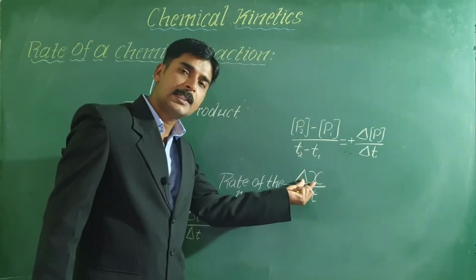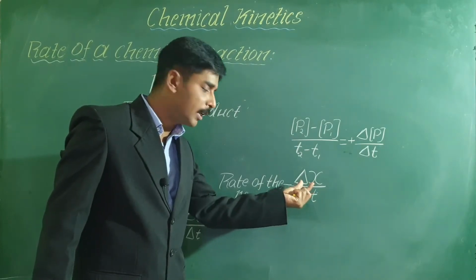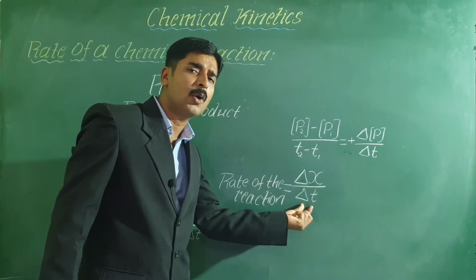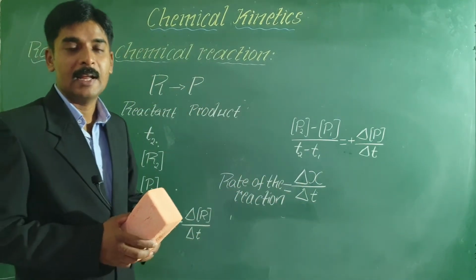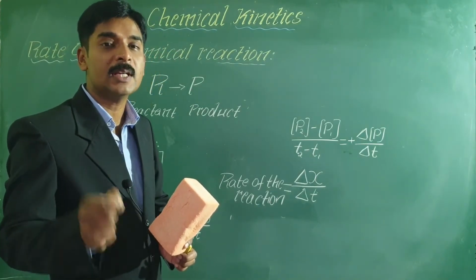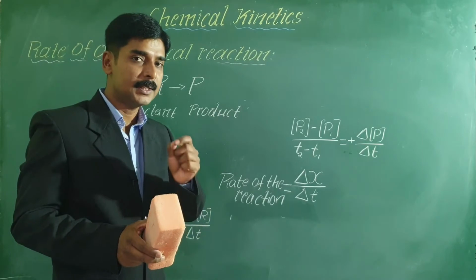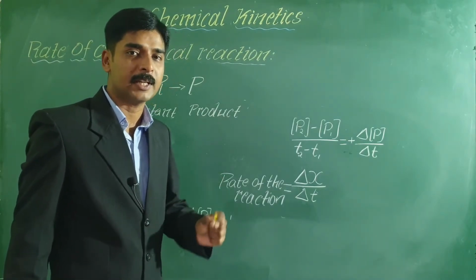When you do that, you will get the actual rate of the reaction, and we call it the instantaneous rate of the reaction. Instantaneous rate gives you the actual rate of the reaction.